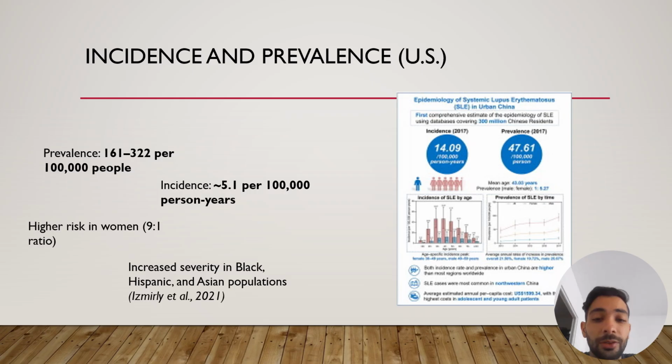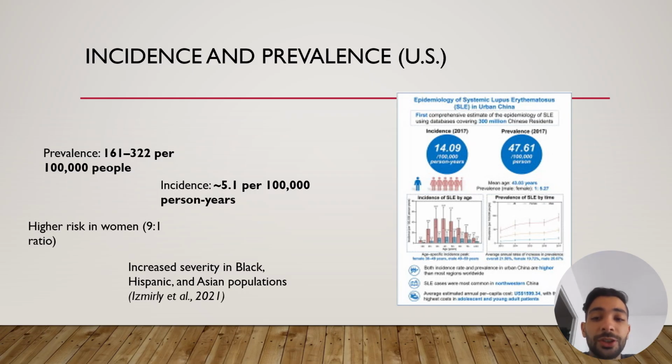Incidence and prevalence in the U.S. In the United States, the prevalence of SLE ranges from approximately 161 to 322 cases per 100,000 people, with an incidence of about 5.1 cases per 100,000 persons per year.